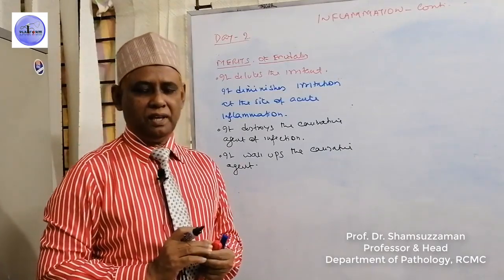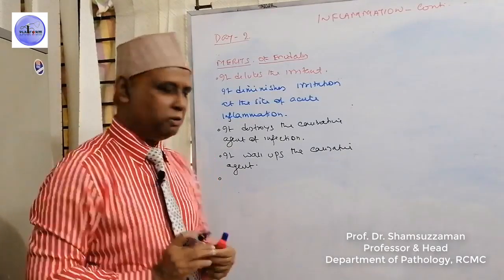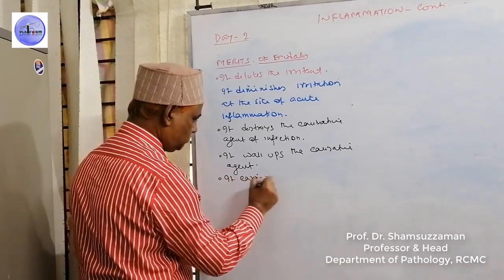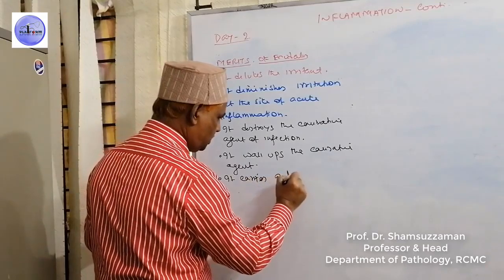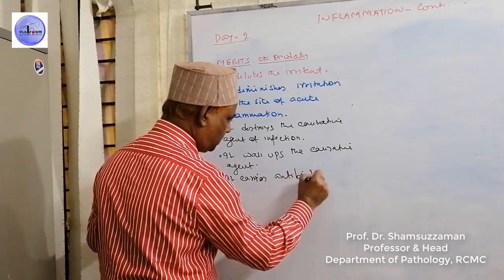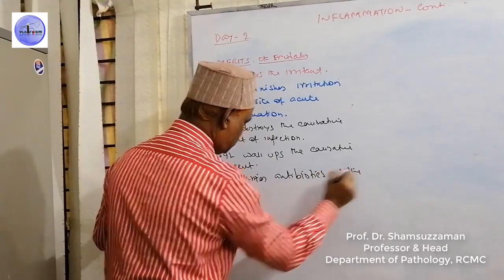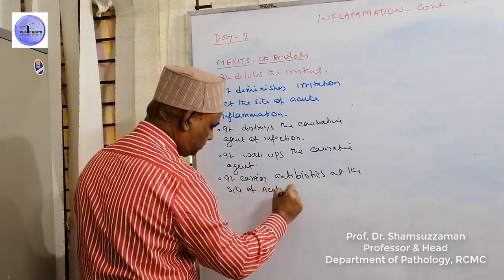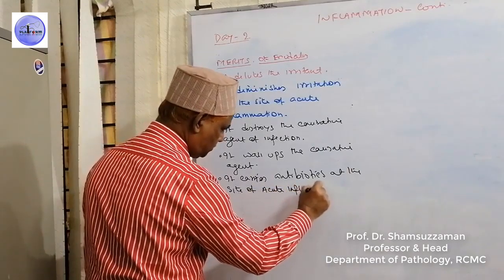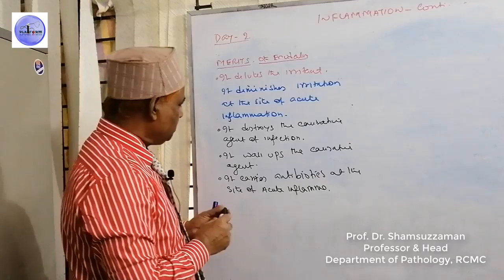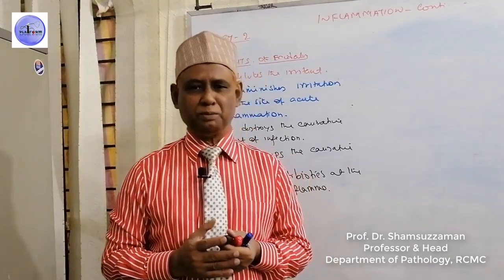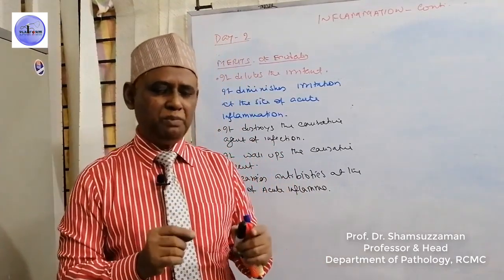Another merit, exudate carries antibodies at the site of acute inflammation. It carries antibiotics at the site of acute inflammation. Dear audience, we can give an example of this. If anybody suffers from acute appendicitis, we give him or her antibiotic in injectable form.